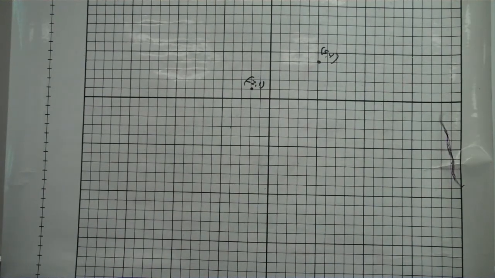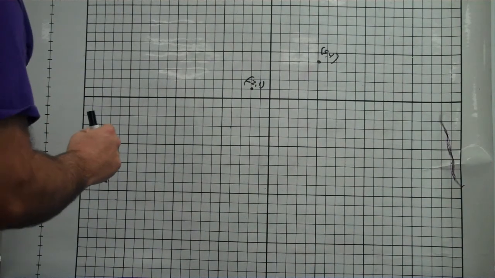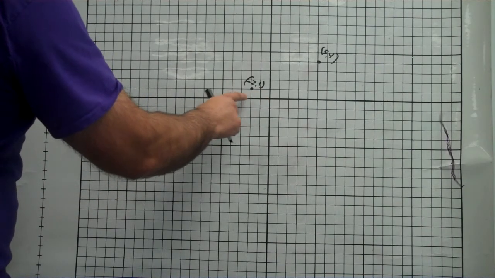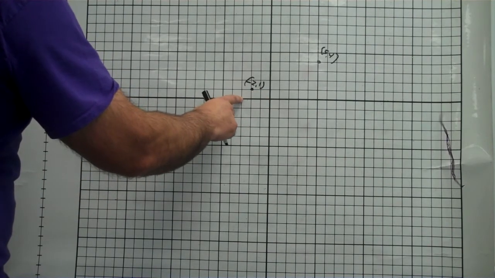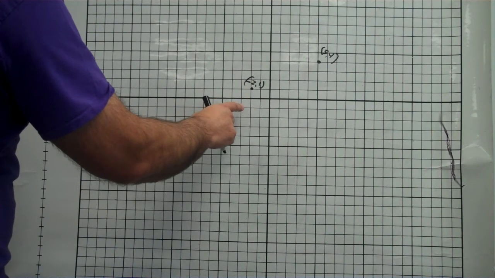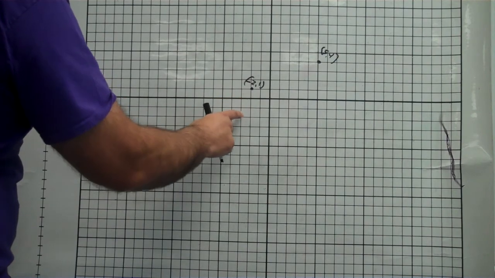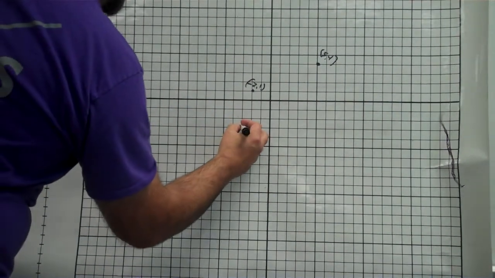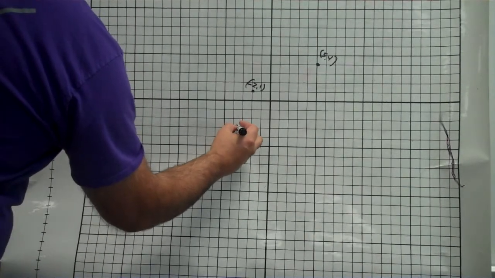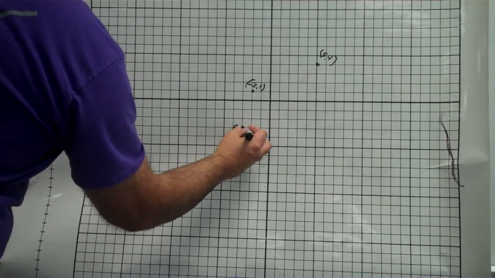If we were going to plot negative 3, negative 3, we would count over 1, 2, 3 spaces to the left because it's negative on the x, and then down 3 on the y because it's also negative. 1, 2, 3. It'll be right there. Negative 3, negative 3.